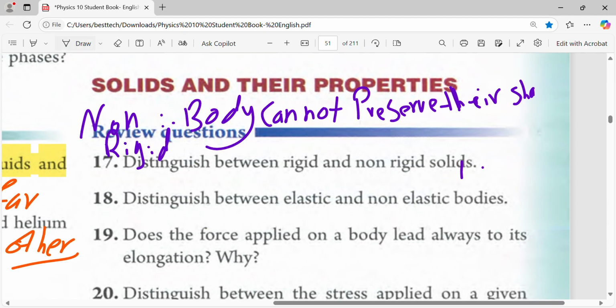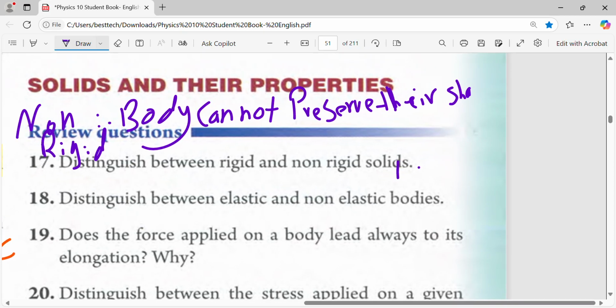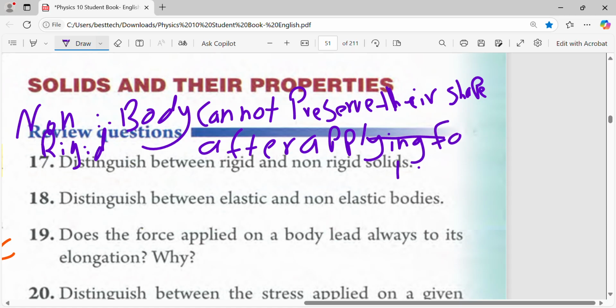They cannot preserve their shape after applying force. So a non-rigid body cannot preserve its shape after applying force.